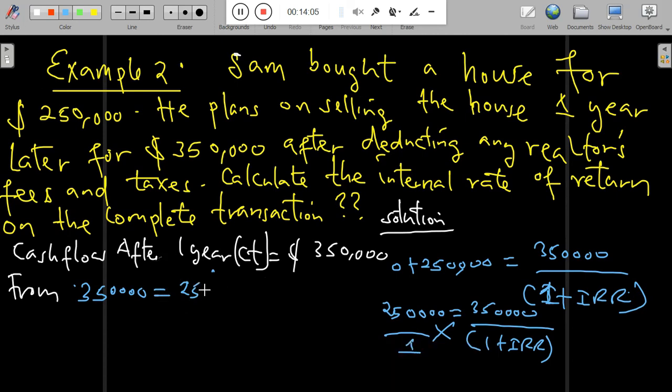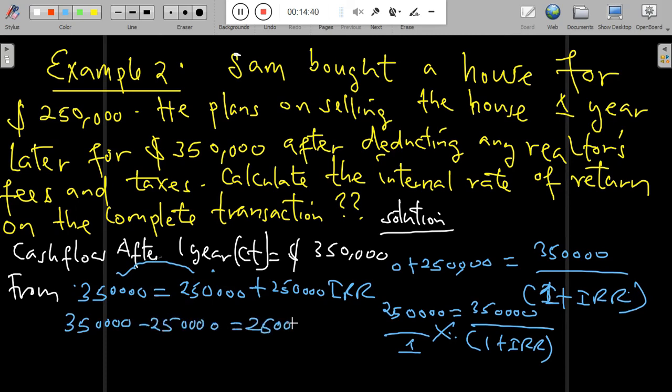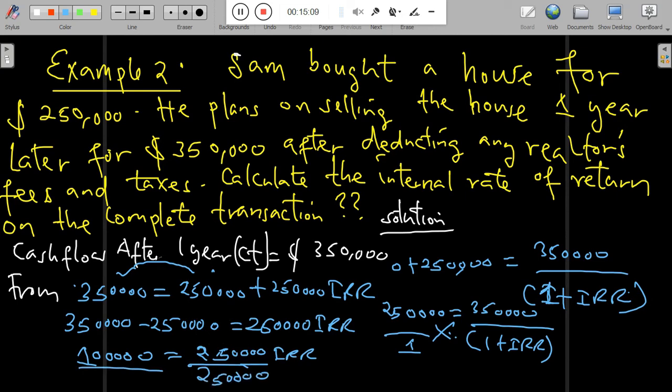This gives 350,000 equal to 250,000 plus 250,000 IRR. When we take 250,000 to the left hand side, we remain with 100,000, which is equal to 250,000 IRR. Now divide by 250,000 on both sides.